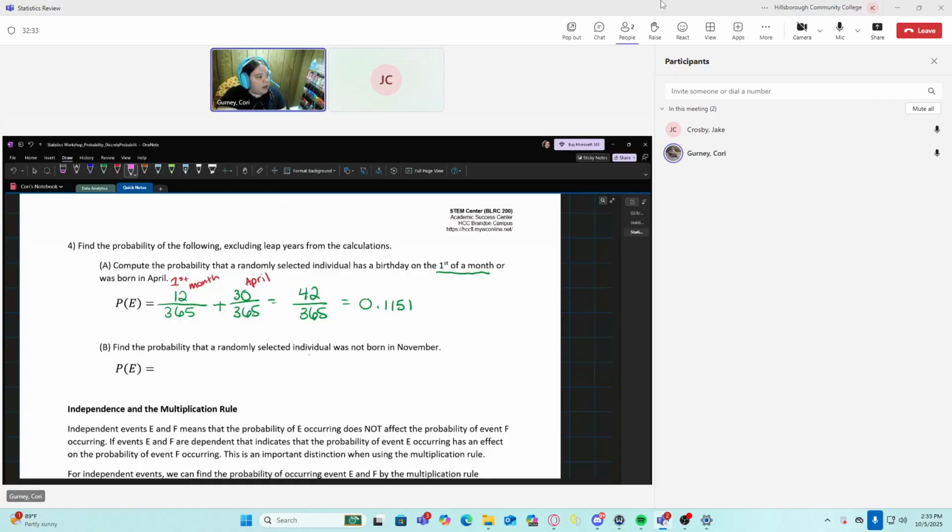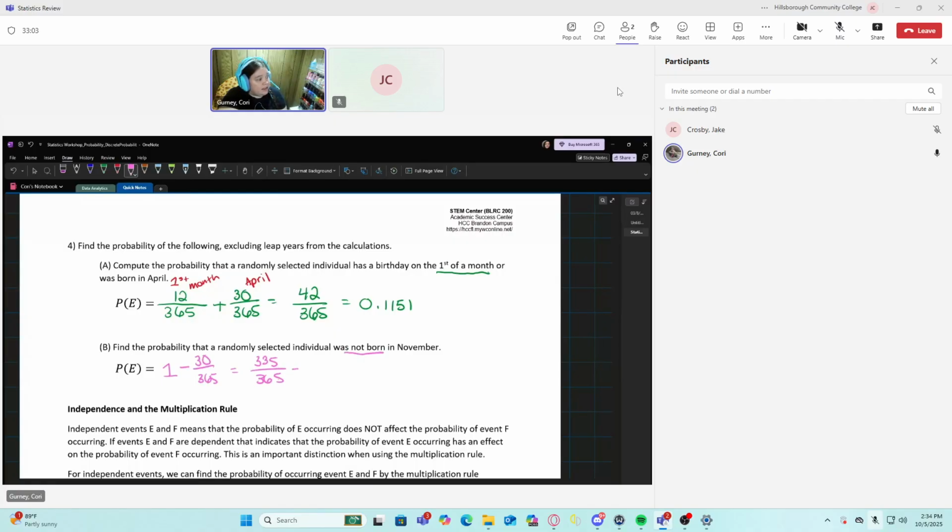For this one, they want a randomly selected individual that was not born in November. So we do one minus, and November, I believe, is 30 days. So 30 days out of 365. So if the randomly selected individual is not born in November, then what's left over is 335 out of 365.